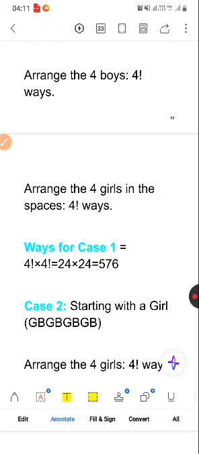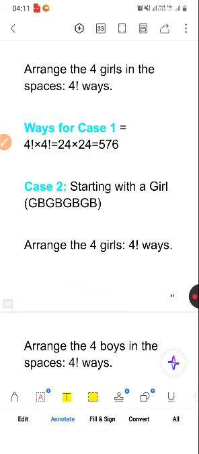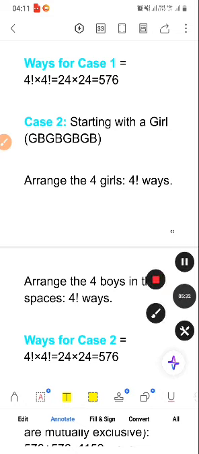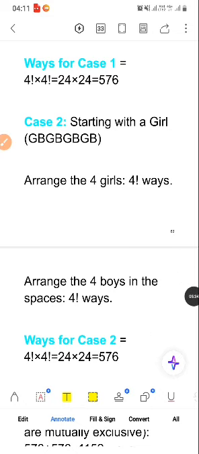The next case is when a girl begins, the same scenario. When a girl begins, you have 4 girls, and you can arrange 4 distinct girls in 4 factorial ways.